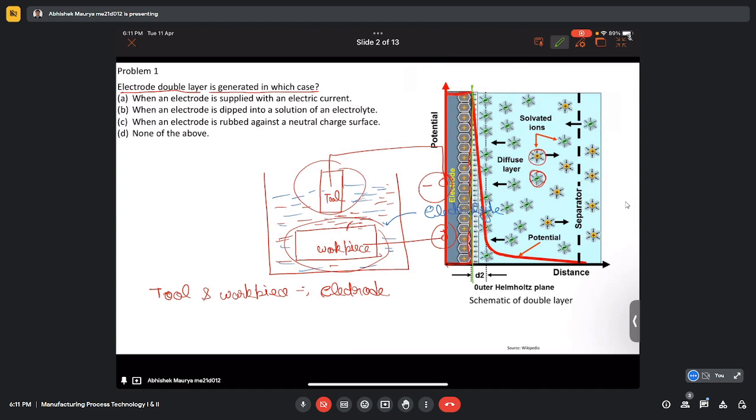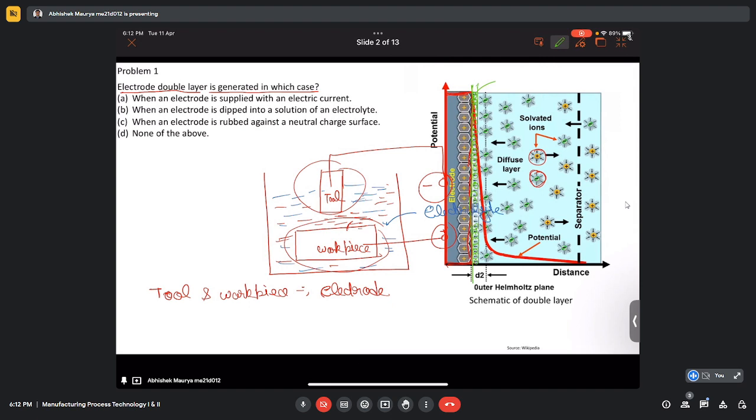The very first layer which we see here, this green one, is a very thin layer of H2O, the water molecules.